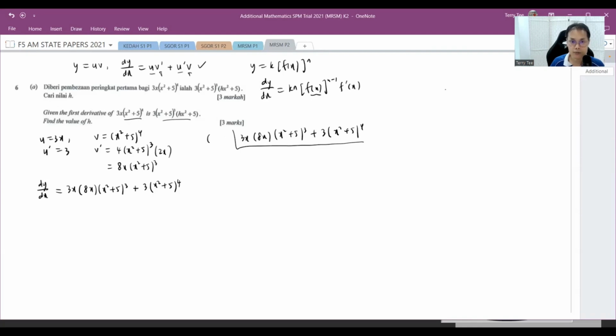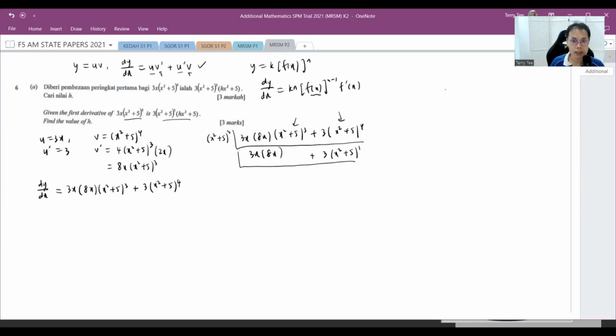I'm going to take out (x squared plus 5) power 3. So I'm left with 3x and 8x. Now, whether you want to times the 3 with 8 or not, it doesn't matter. So I'm left with 3 and (x squared plus 5) power 1. Remember, if you have a power 3 and a power 4, we always take out the smaller power, power 3, left with power 1.